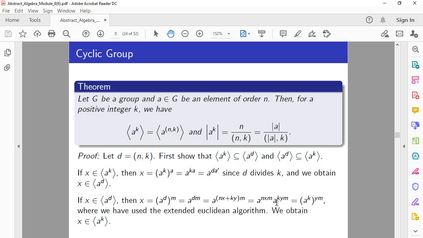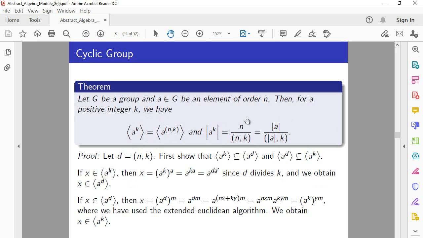So we get a to the kym, and a to the kym is the same as a to the k to the power ym. So we see that if x is in the subgroup generated by a to the d, then x can be expressed as a power of a to the k, which means that x is in the subgroup generated by a to the k. So that shows that the subgroup generated by a to the k is equal to the subgroup generated by a to the power the GCD of n and k.